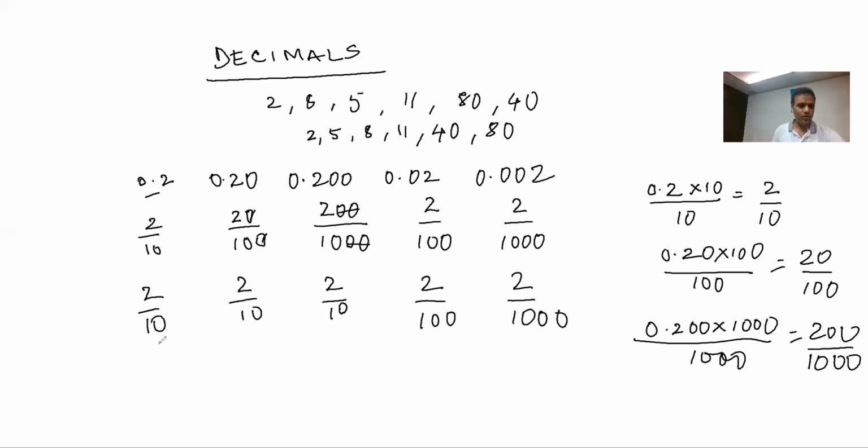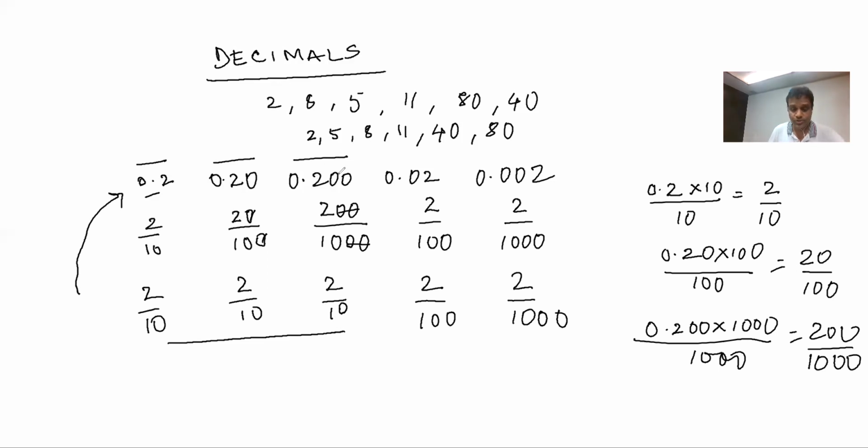Now let's see which is smaller and which is bigger. These three numbers are all equal: 2 upon 10, 2 upon 10, 2 upon 10, which means their decimals 0.2, 0.20, and 0.200 are also the same.